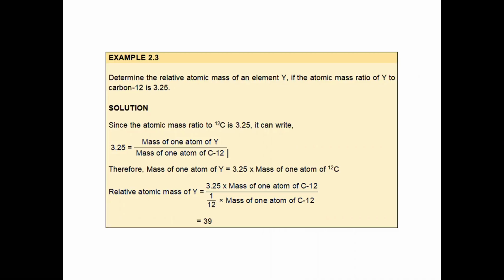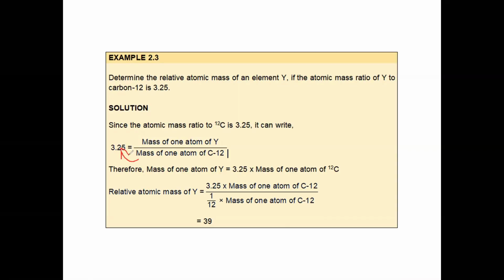By using the formula, relative atomic mass is equal to mass of one atom of Y divided by mass of one atom of carbon-12. So we substitute the relative atomic mass with 3.25. Therefore, mass of one atom of Y is equal to, so we bring this one to here.